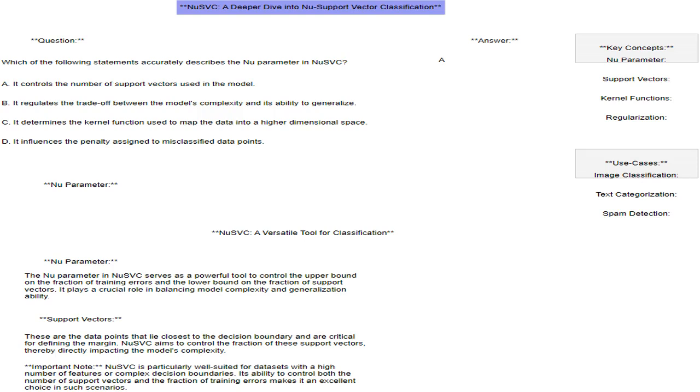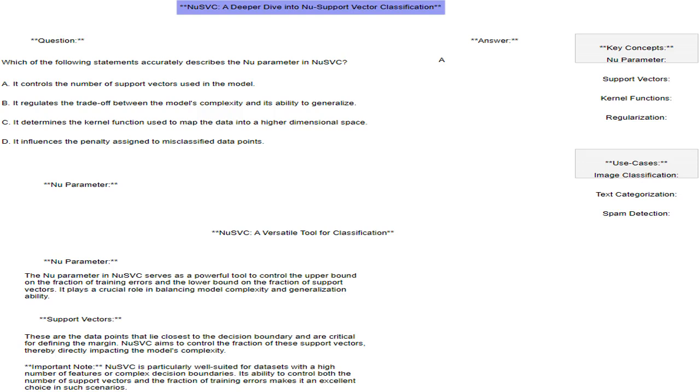A is true. NuSVR provides a parameter, nu, that directly controls the number of support vectors involved in the model. By adjusting nu, you can influence the trade-off between model complexity and accuracy. B is false. NuSVR doesn't limit itself to linear kernels.